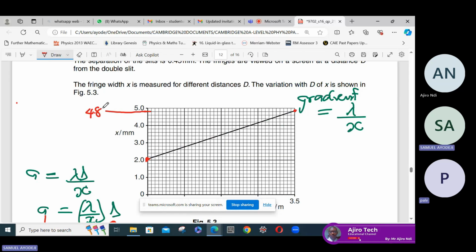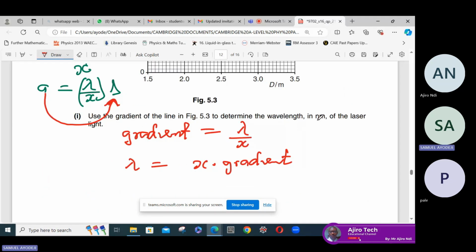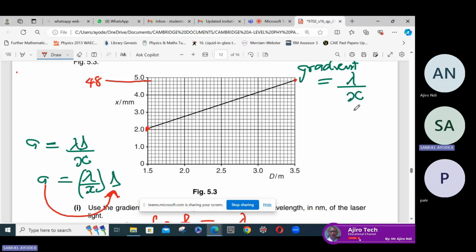4.8. It's in millimeter already. We are going to nanometer, so maybe first of all convert it to meter. So 4.8 minus 2 over 3.5 minus 1.5. Are we together? Convert this one to meter first.